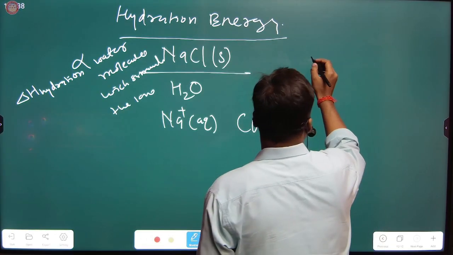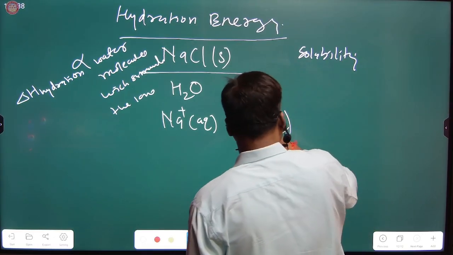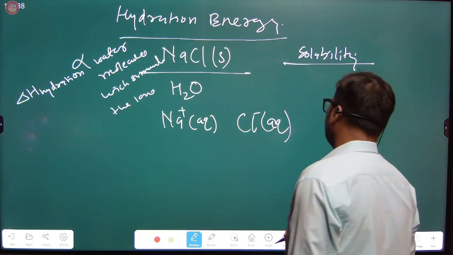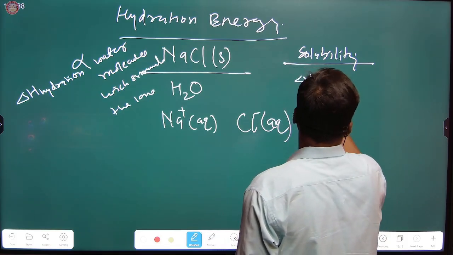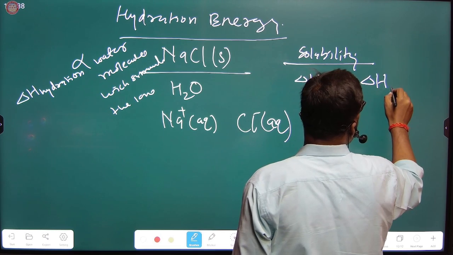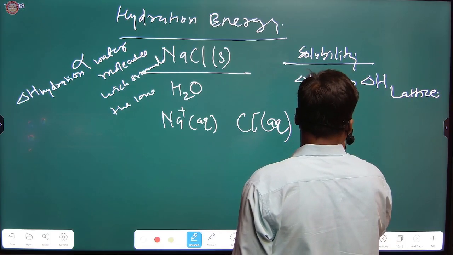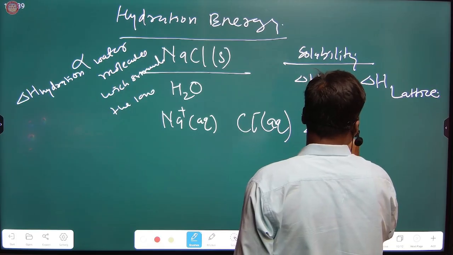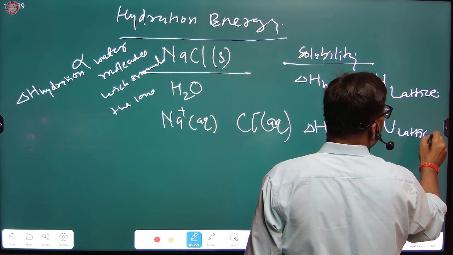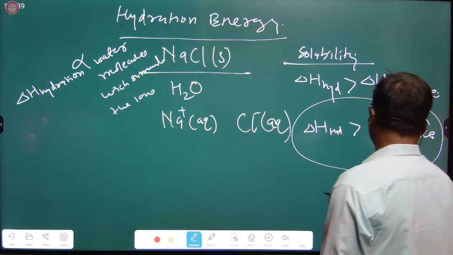So the solubility depends on the hydration energy and lattice energy. If delta H hydration is greater than delta U lattice, then the ionic compound will be soluble in water.